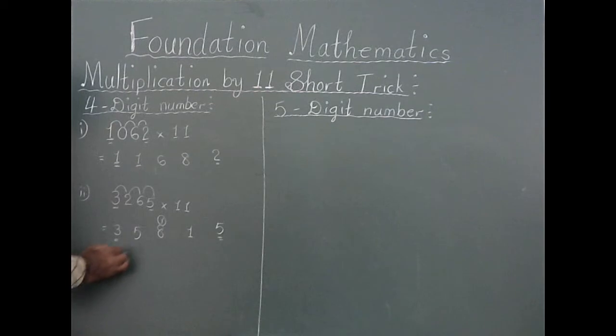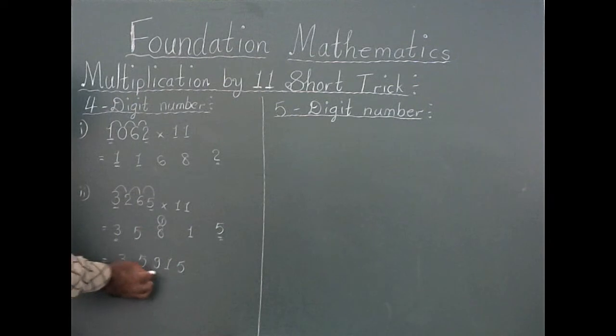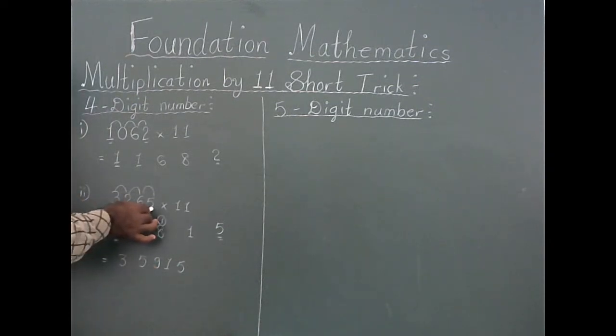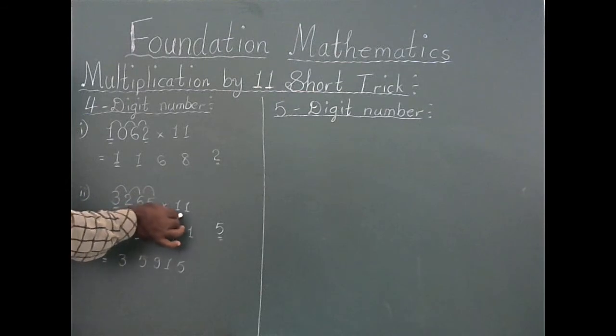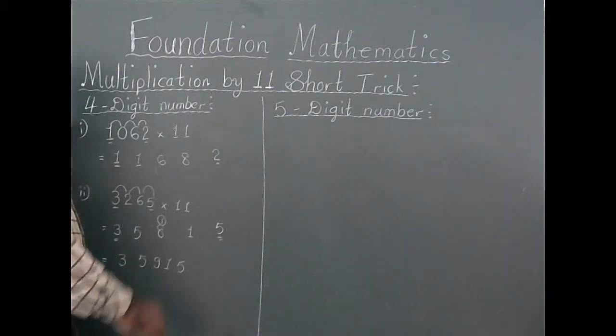Now 8 plus 1 equals 9. So 3, 5, 9, 1, 5. 3265 multiplied by 11 is 35915.